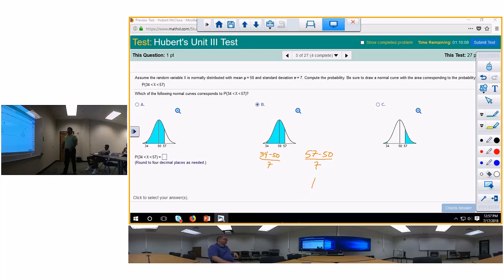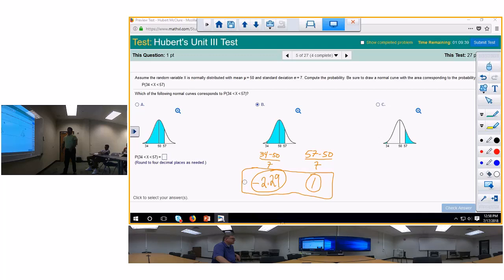Wow. I'll tell you what, that's some calculating right there. All right, what's 34 minus 50? Negative 16 divided by 7 is what? 2.28. Negative what? 2.29.